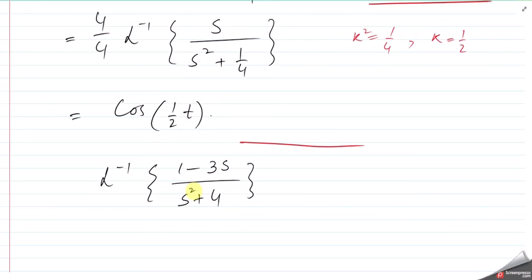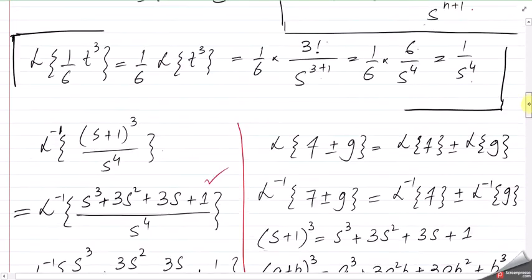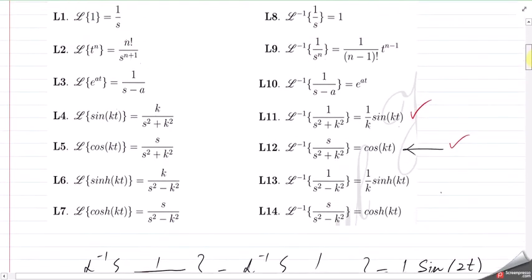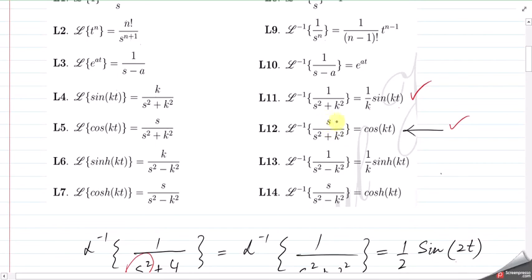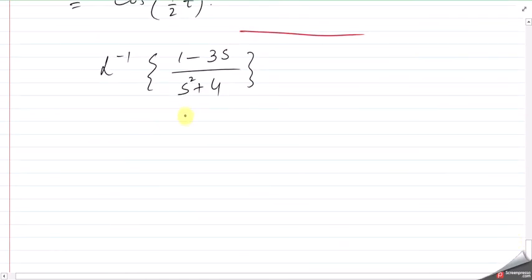There is no formula which can directly solve the question in one step. None of the formulas have a situation like 1 minus 3s or anything like this at the top. The formulas we have have either a constant at the top, like 1, or s only, not s plus 1 or s minus 1 or a situation like that. So how would we do this then? Let's see.